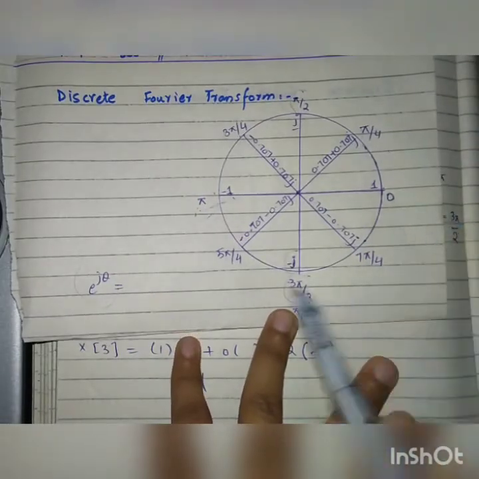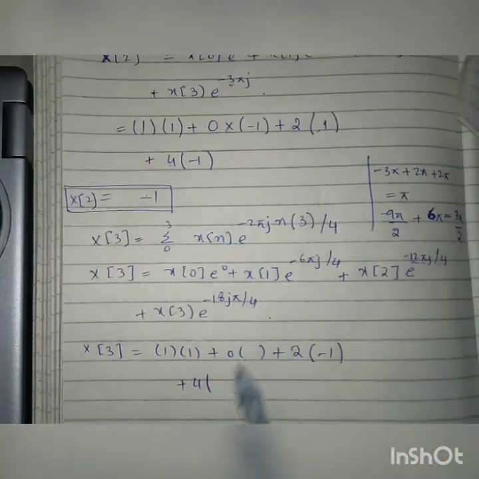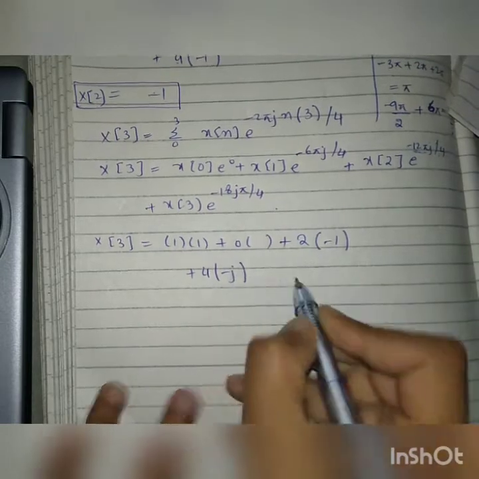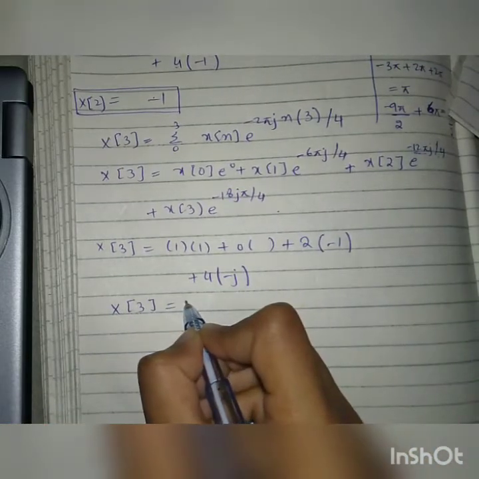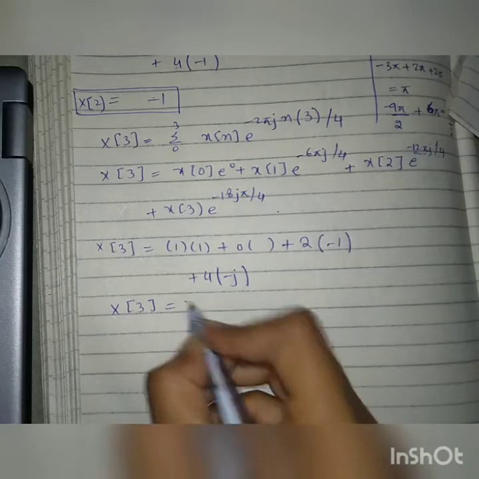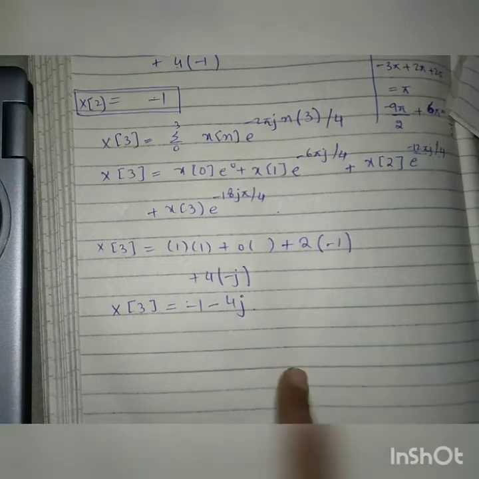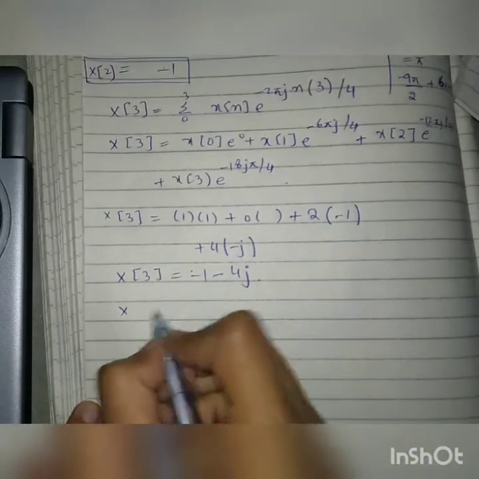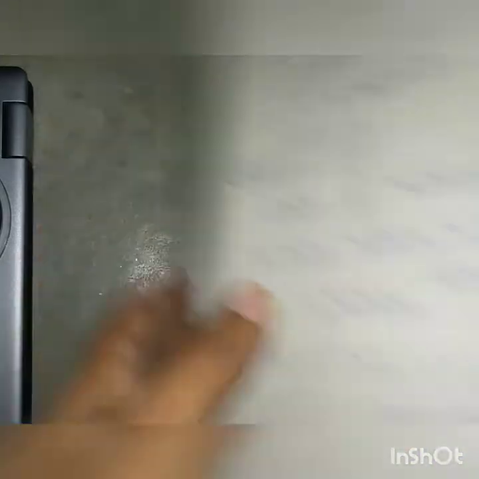on this circle is this, and its value is minus j. Now we have x of 3 is equal to 1 minus 2 minus 4j, that is minus 1 minus 4j. So we have x of k is equal to, what was x of 0?